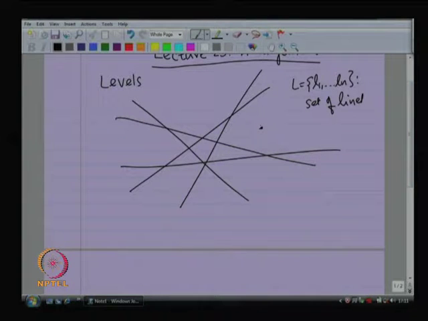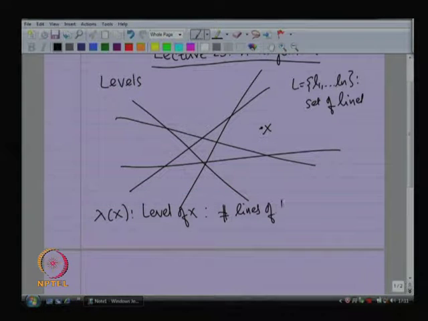If I take any point x, then I will define lambda of x, which is the label of x, as the number of lines of L lying below x.